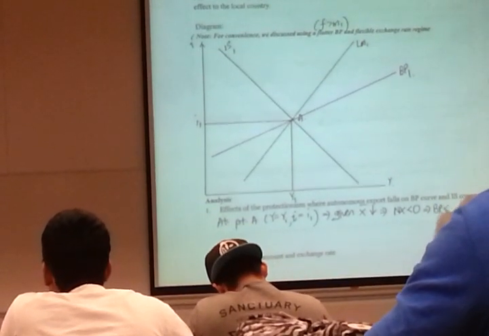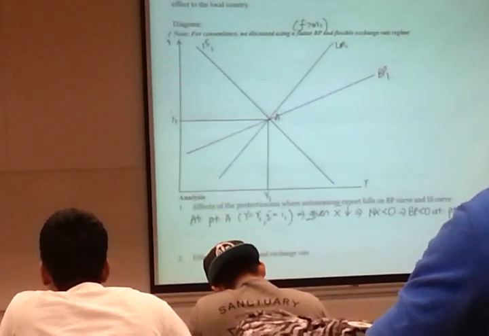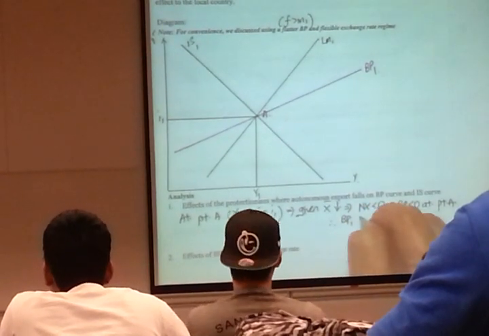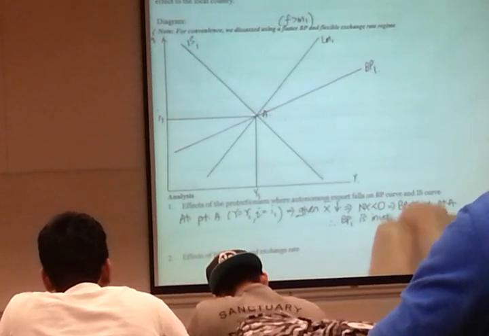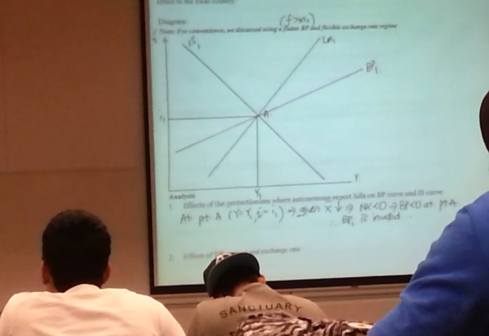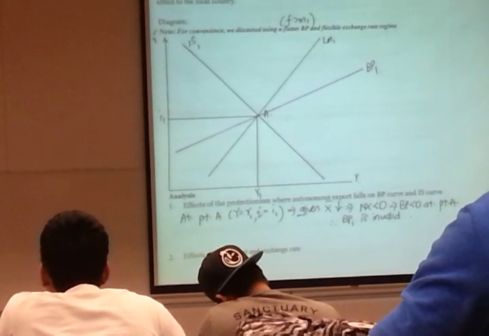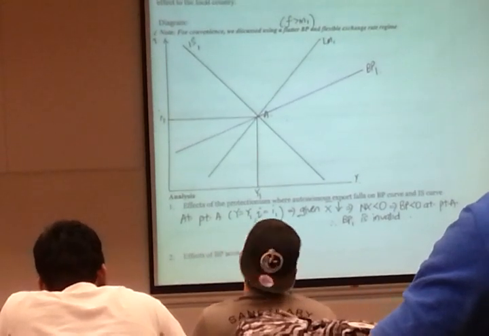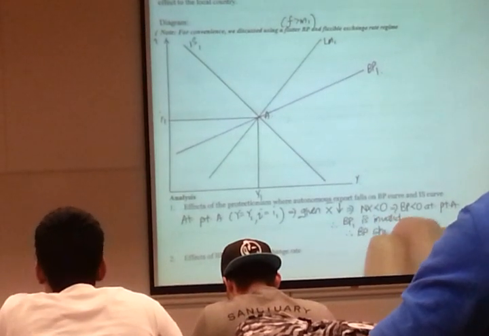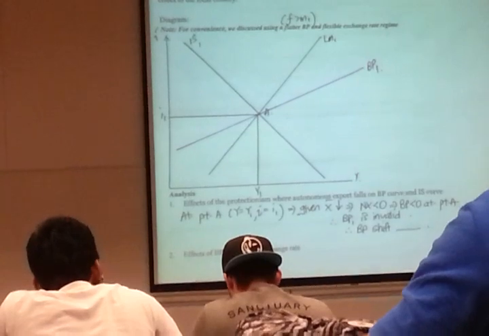BP is negative at point A. What's the meaning of BP being negative at point A? BP1 is therefore invalid. You cannot have a BP line cutting through at point A anymore, because the BP is going to be a deficit. So in this case, the BP has to shift. You're not sure where it shifts yet. You can leave it alone.